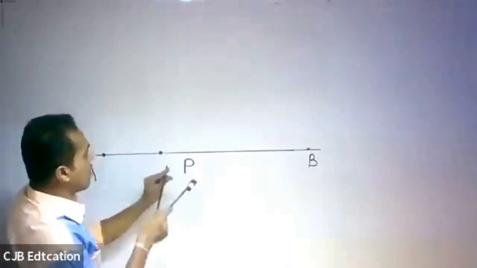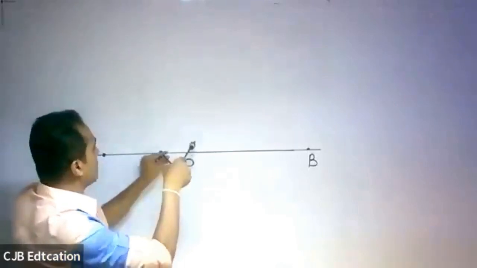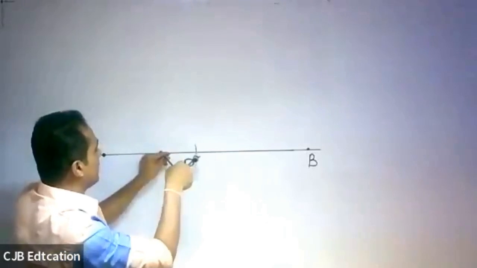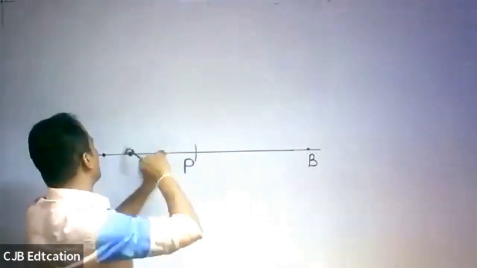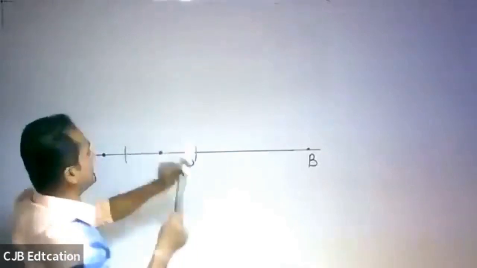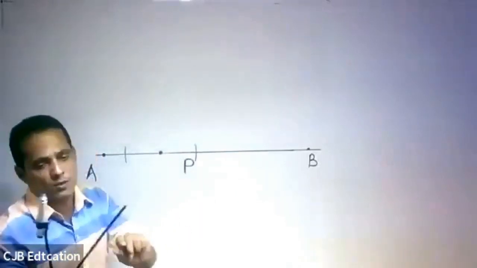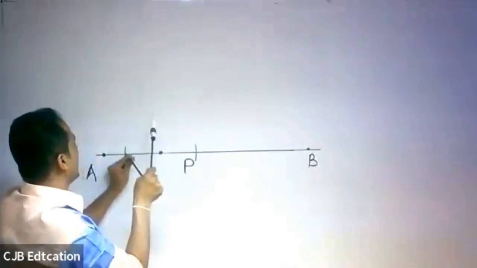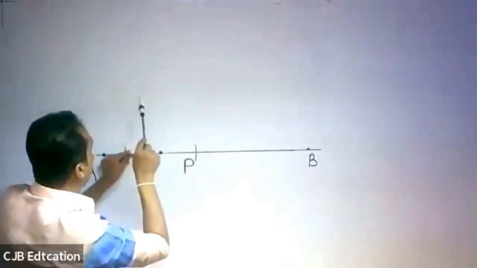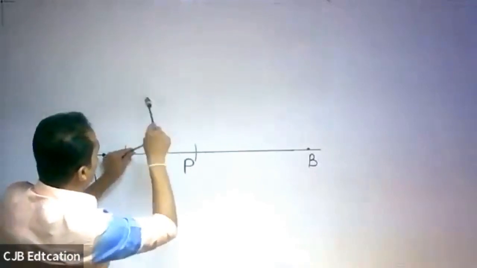Right. So what we have to do, we have to take some little distance with the compass and put the tip on the point P and put arcs on the AB line.